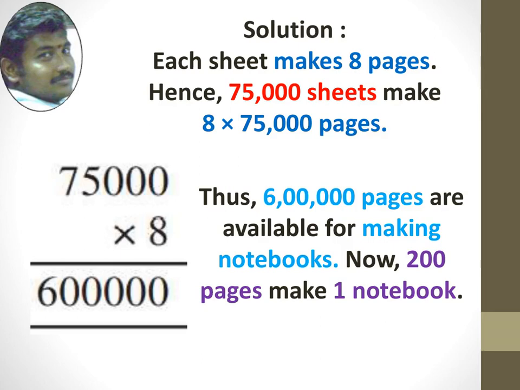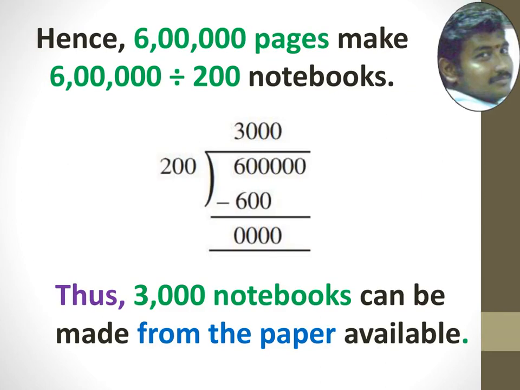So 75,000 into 8 gives the number of pages. So 6 lakh pages are available to make notebooks. One notebook contains 200 pages. So 6 lakh divided by 200 gives the number of notebooks we can make. By dividing we get the answer 3,000. Thus 3,000 notebooks can be made from the paper available.